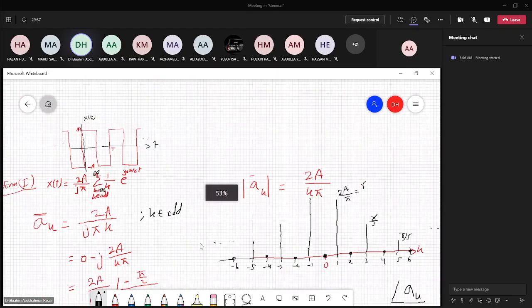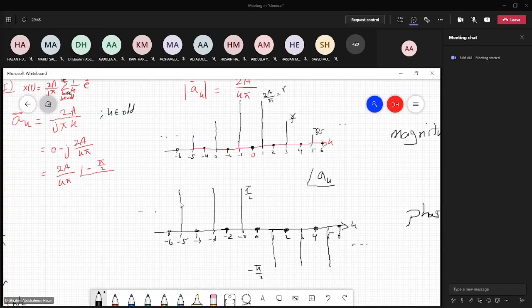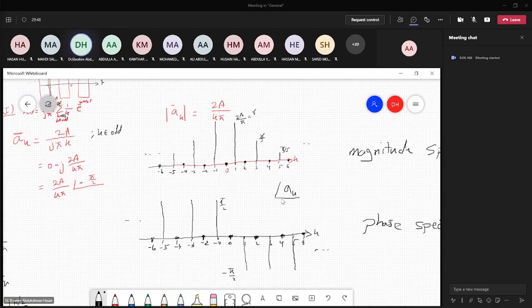Okay, sometimes we need only the magnitude spectrum. Sometimes we need to find both the magnitude and phase spectrum. It is very easy, actually. If you notice here, the magnitude is always even. So it means that you can concentrate on the positive side. Okay, draw the right-hand side, then just repeat whatever you have on the right-hand side to the left-hand side.